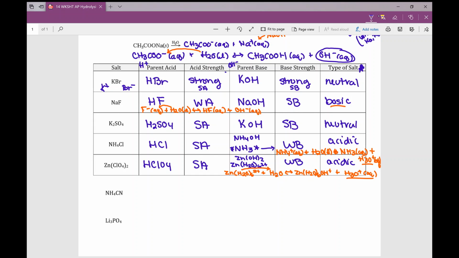So here we have ammonium cyanide. When we talk about that dissolving, we have our NH4 and our cyanide ion. Both of those come from weak acids and bases.